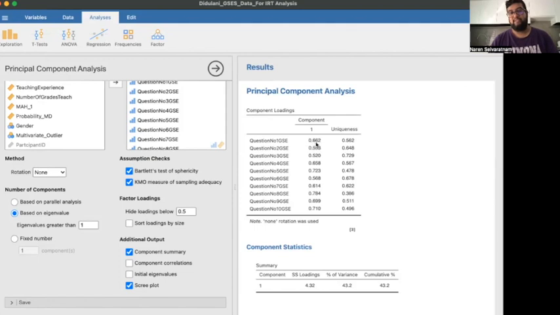So if it is 0.662 here, but under component 2, if it says 0.7, then you are going to consider that 0.7 instead of the 0.662. What it means is the question number 1 GSE actually falls under component 2 instead of component 1.